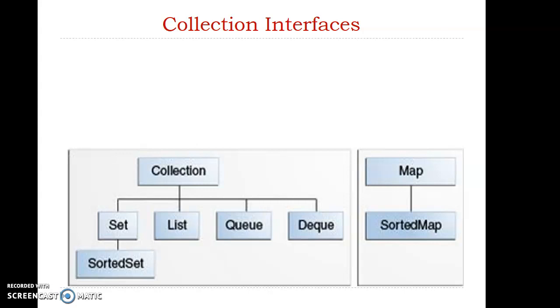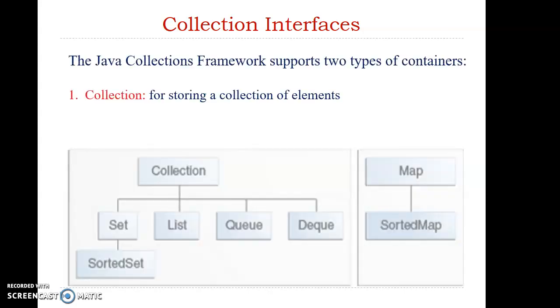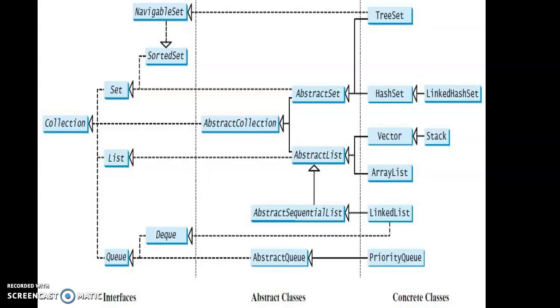The collection interface is inherited by the Set interface, List interface, and Queue interface, and these are inherited by subclasses. Similarly, we have another interface, the Map interface, which has a sub interface, SortedMap.